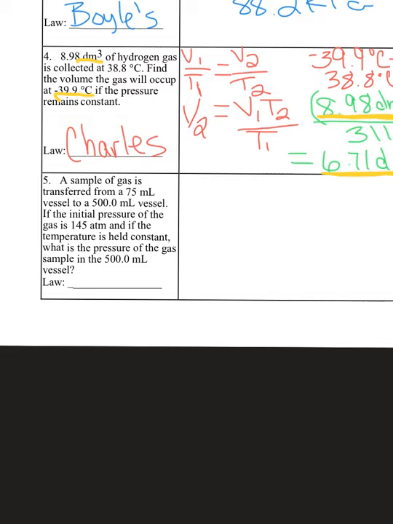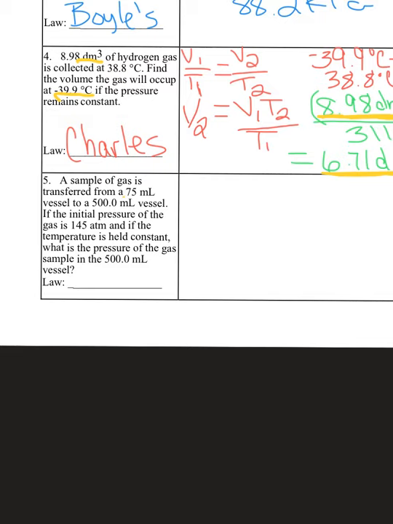So let's figure out what gas law we're dealing with. The problem gives us a couple of things. It gives us a couple of milliliters. I meant to do that in yellow. Let me change to yellow.